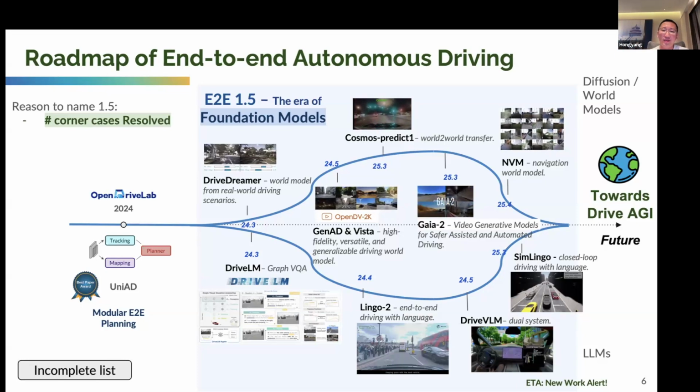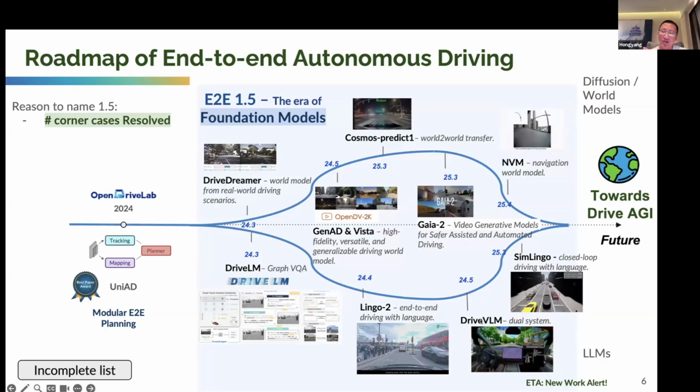In the lower part of this slide, we have seen a lot of LLMs. For example, DriveLM proposes graph VQA to get a better understanding of the driving scene, and also LINGO and DriveVLM.